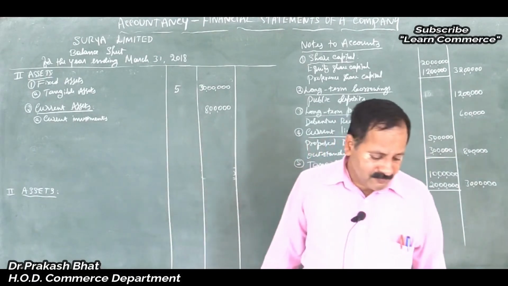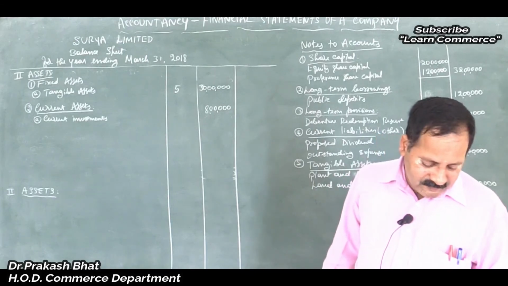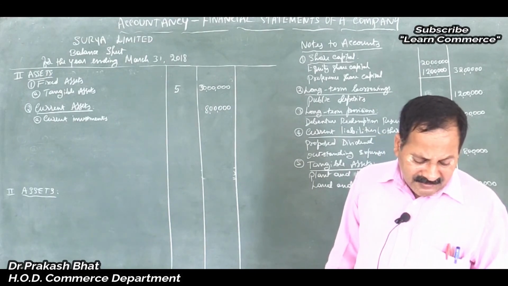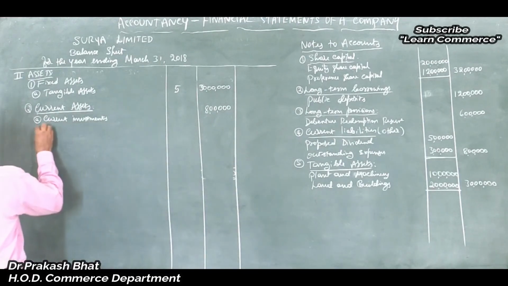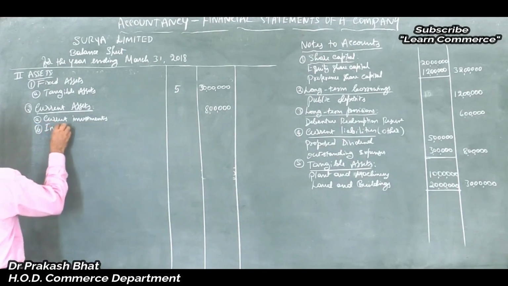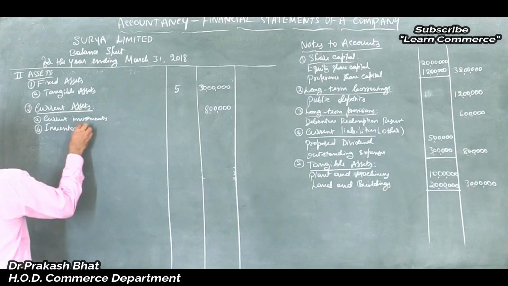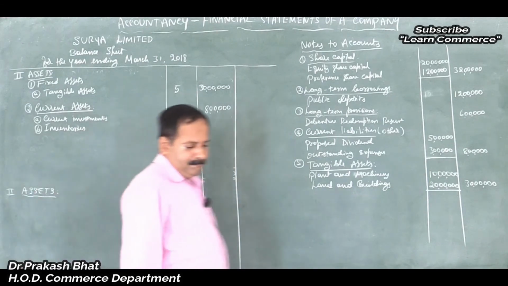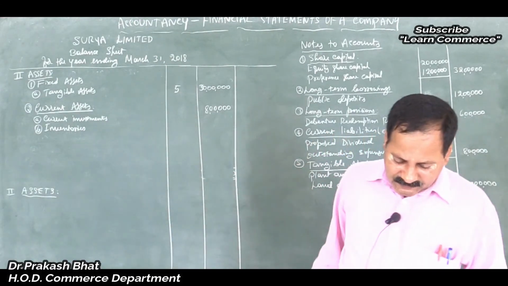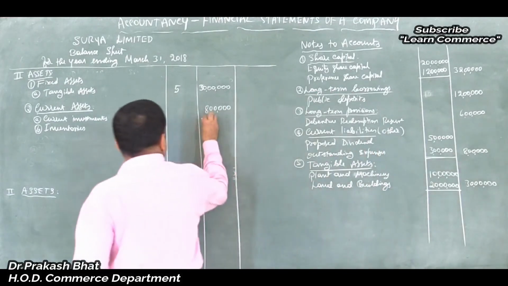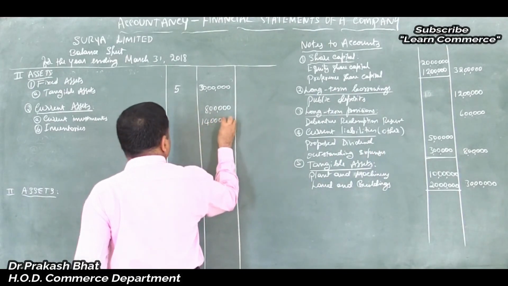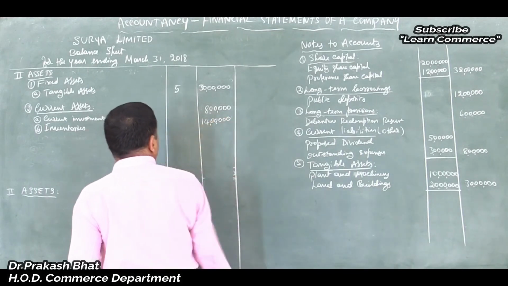Then inventories are there separately, isn't it? Point B, inventories. How much is it? Inventories, 14 lakh.